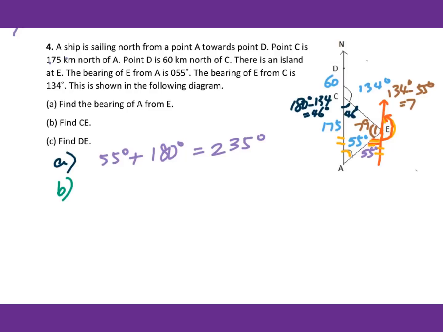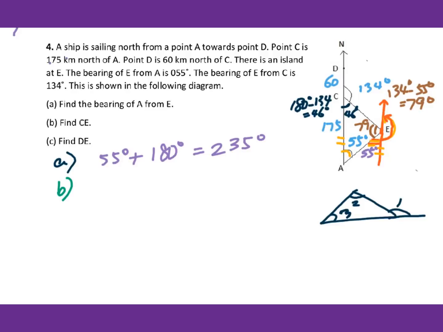That's 79 degrees. Because 134 degrees is the exterior angle of this triangle, which means 134 equals the sum of the non-adjacent interior angles of this triangle.